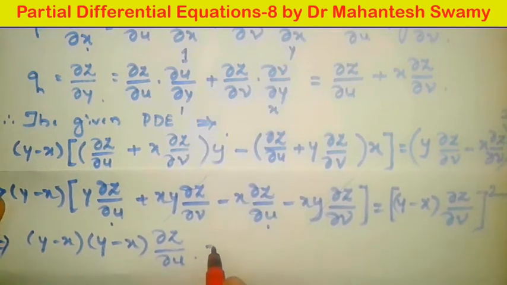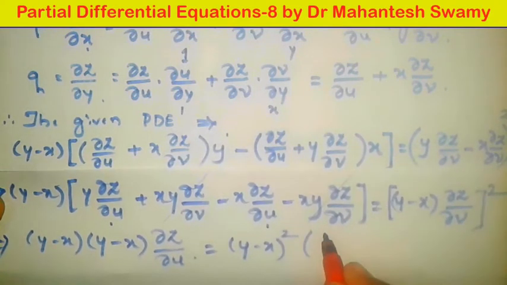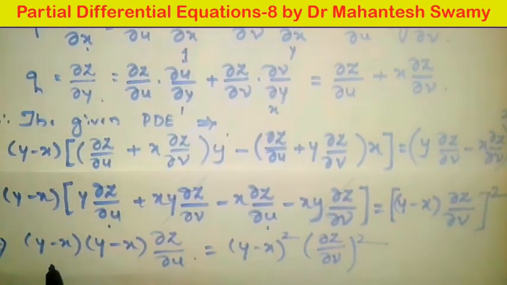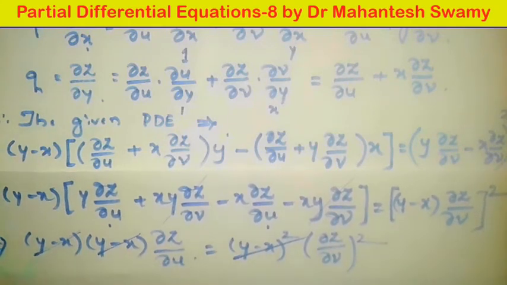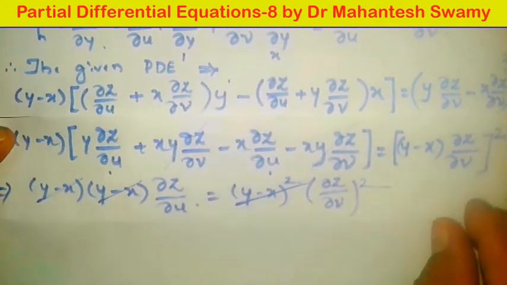And on the RHS, it is (y minus x) whole square times (∂z/∂u, ∂z/∂v) whole square. So here (y minus x) whole square cancels with the (y minus x) whole square on the right hand side, and the differential equation after simplification looks simple.